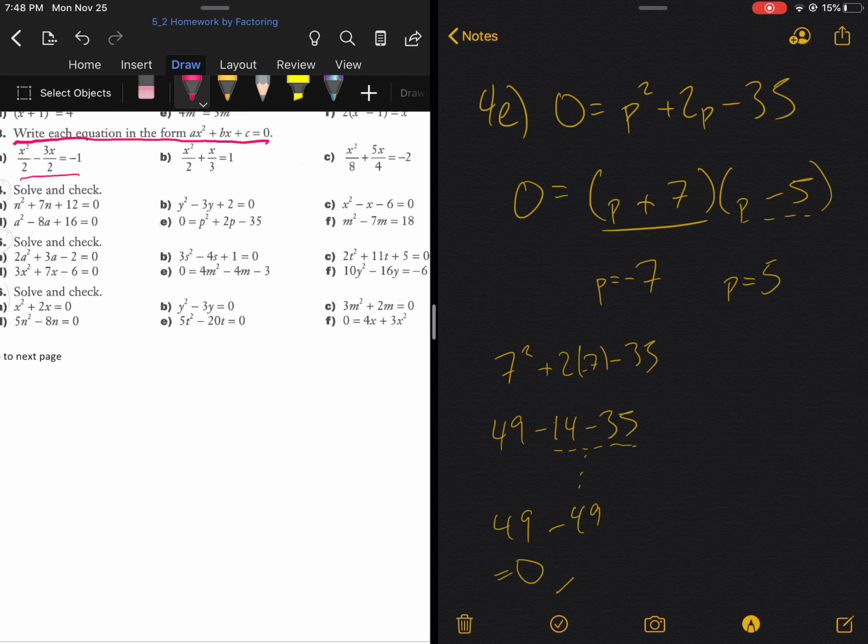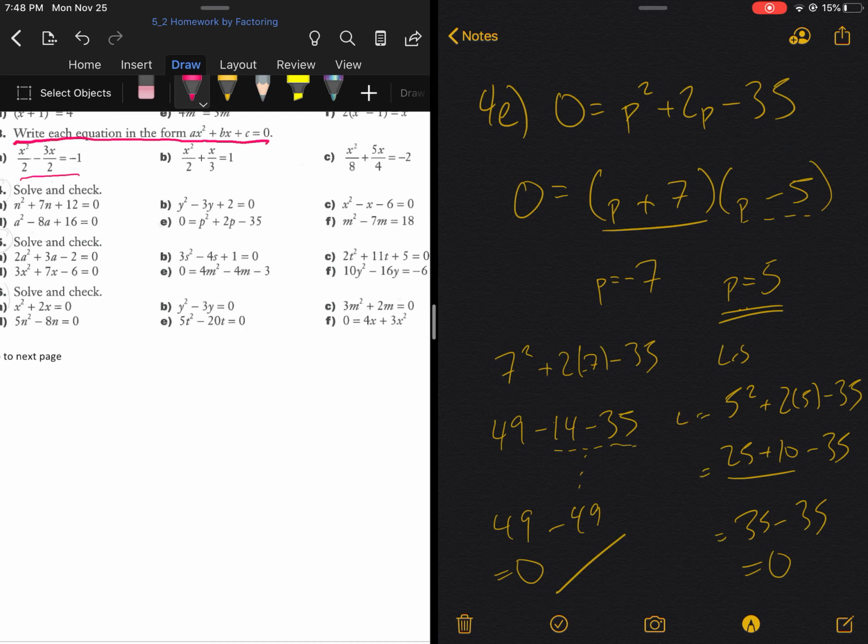What's 14 and 35 equal to? Well, that's equal to minus 49. 49 minus 49 equals 0. Check. When p equals 5, well, let's substitute. 5 squared plus 2 times 5 minus 35. 25 plus 10 minus 35. Well, that's equal to 35 minus 35. That's just equal to 0.